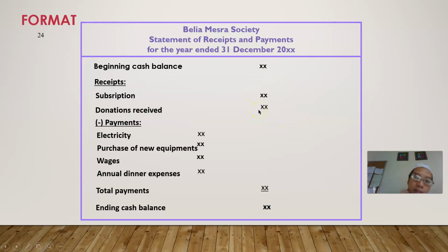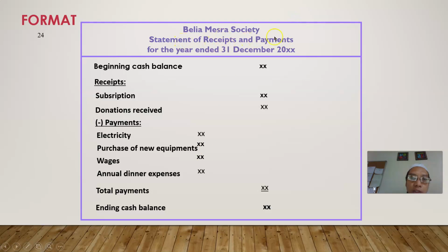Then we minus the payments, such as electricity, purchase of new equipment, the wages, annual dinner expenses, whether or not that electricity is for the previous or the following period, whether or not the wages is for the previous period, as long as it is paid in cash in this current year, then that should be included in the receipts and payments.